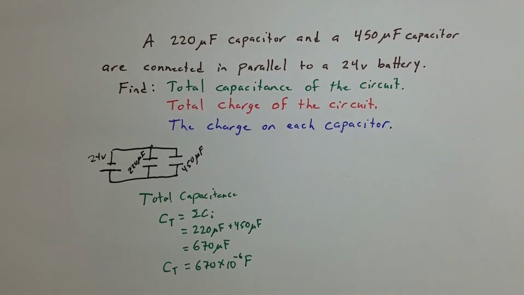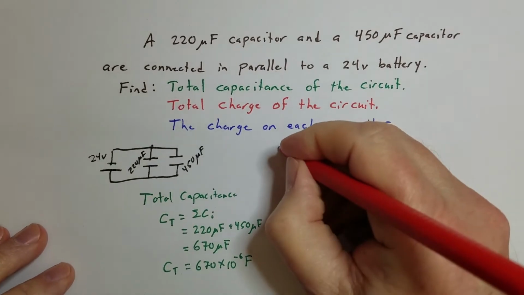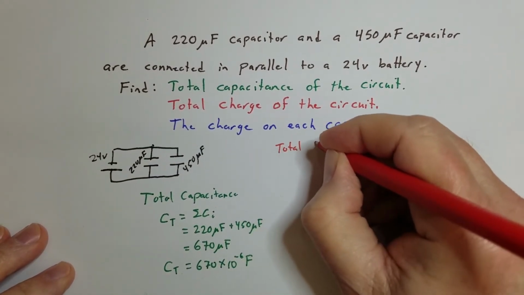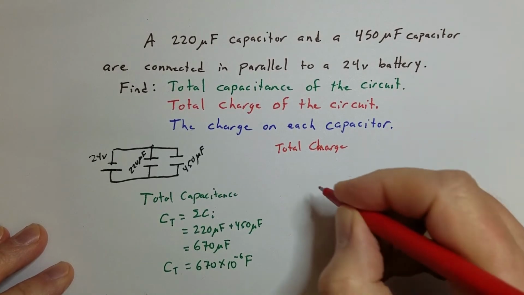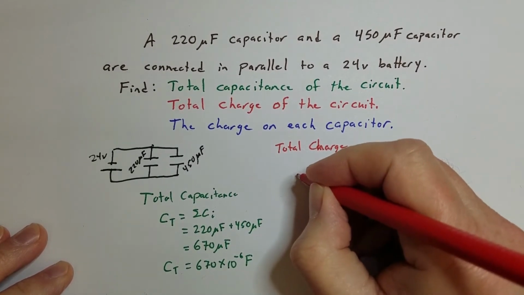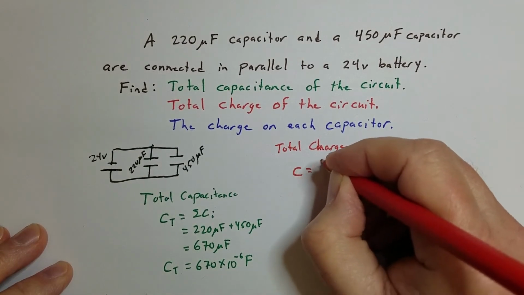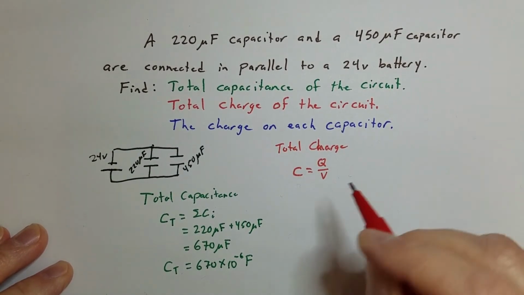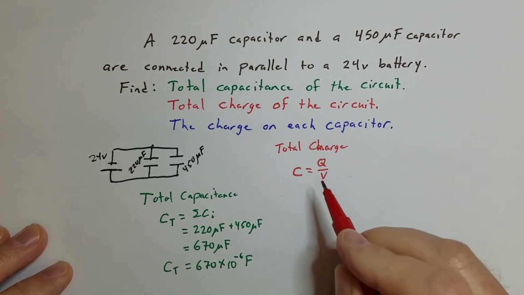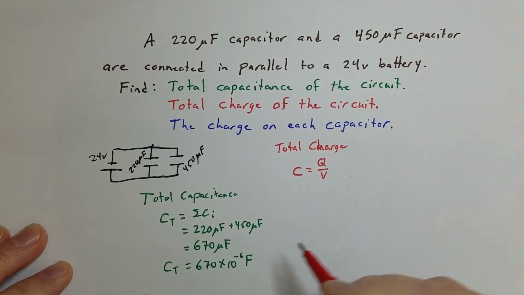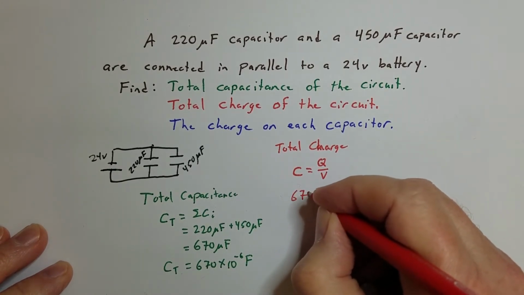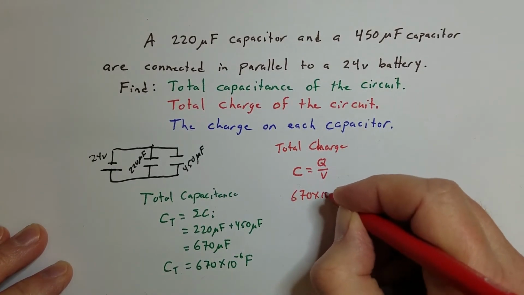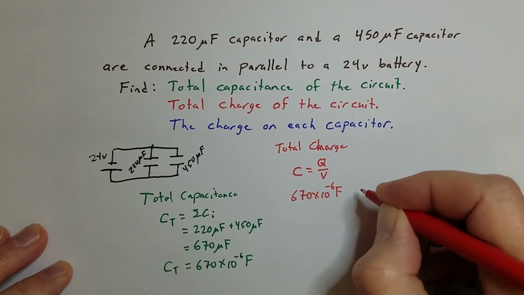Now let's figure out the total charge of our circuit. So to do this, we have C equals Q over V. We're going to use that equation a lot. It's almost like V equals IR in resistors. So our total capacitance is 670 times 10 to the minus 6 farads.